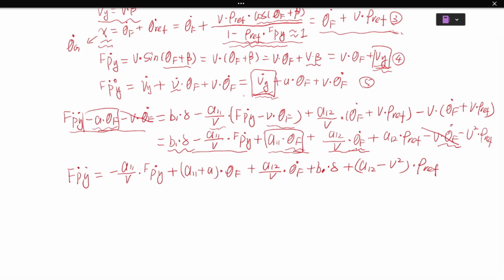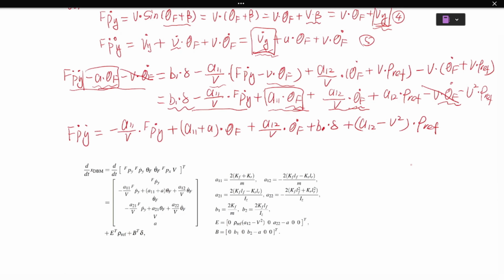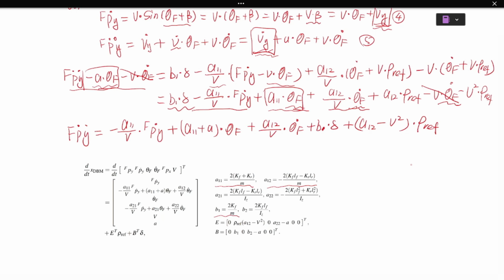Okay, so let's compare to the equation in the paper. This coefficient a11, a12, and b1 we have just derived. Then you can see this is the fpy double dot, the same as we derived here.